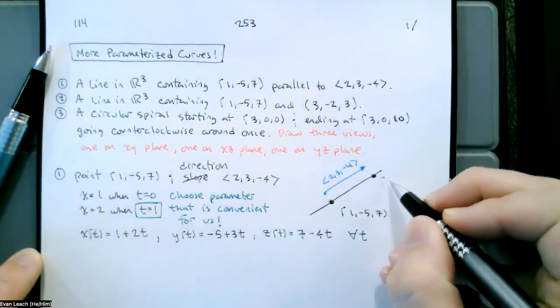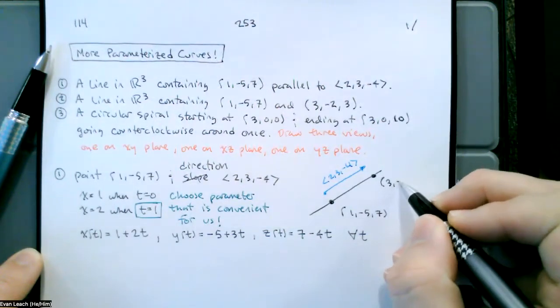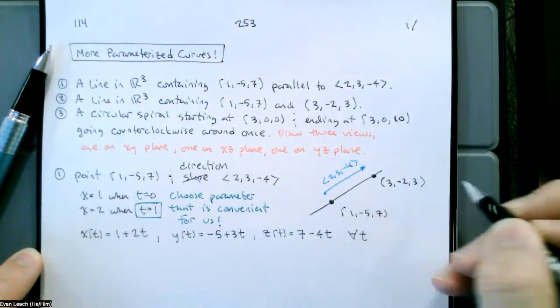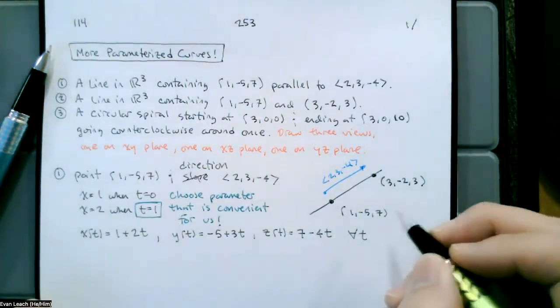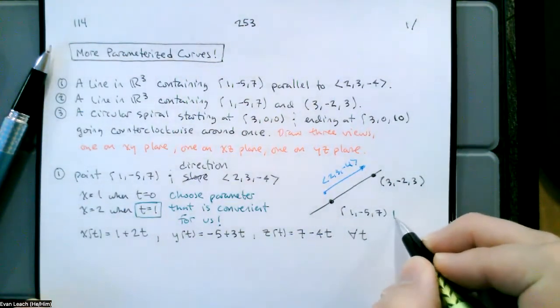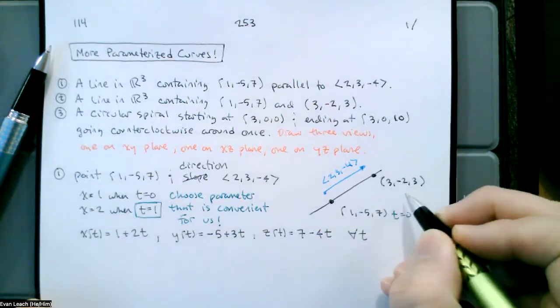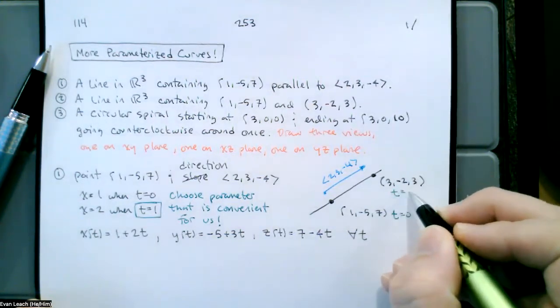And that will land us at the point 3, -2, 3. All we had to do was choose a parameter that was convenient for us. So I said the given point 1, -5, 7, that's going to happen when t is equal to 0. And 3, -2, 3 will happen when t is equal to 1.